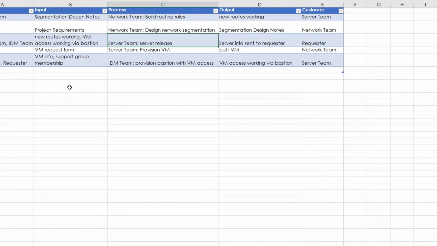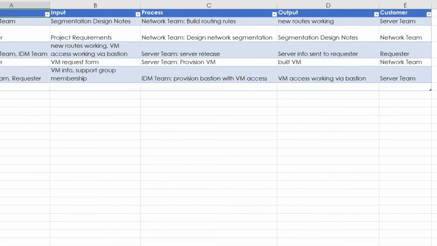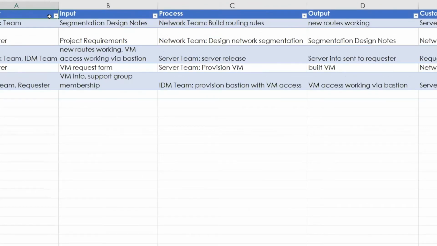A SIPOC is most helpful in making sure you didn't forget any boxes on your swim lane diagram. It's an acronym and it stands for supplier, input, process, output, customer. So everything that happens, this is the thing that happens, and for this thing to happen, it needs some prerequisites.